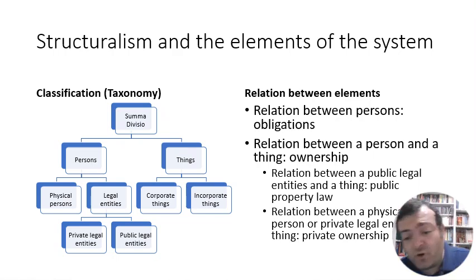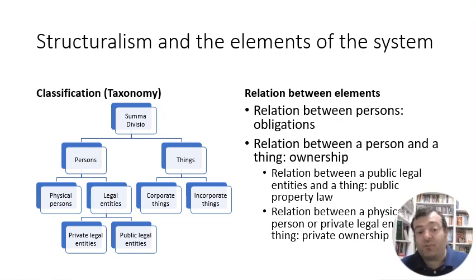So, a structural approach means that we have to classify, right? This is the art of taxonomy. But it also allows us to identify relations between these elements. For instance, a relation between two persons would be an obligation. الموجب هو علاقة مديونية ما بين الدائن والمدين.